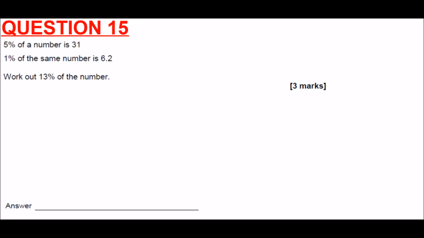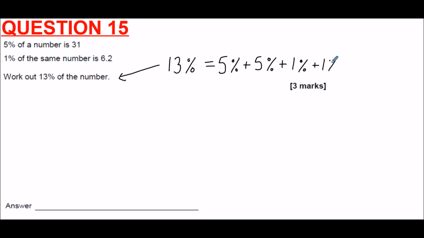Question 15. 5% of a number is 31, and 1% of the same number is 6.2. We're asked to work out 13% of a number. So 13%, we've been given some percentage parts already, so what we could do is build up using these building blocks to 13%. 13%, we could do 5% plus 5% plus 1% plus 1% plus 1%.